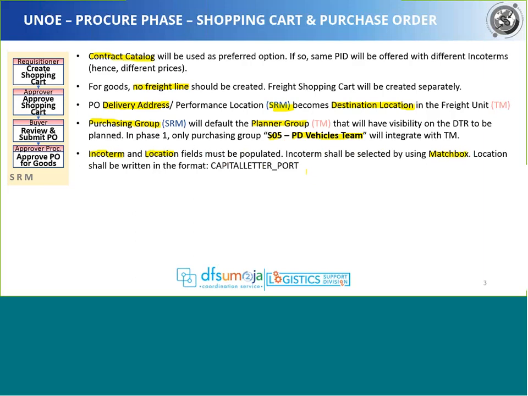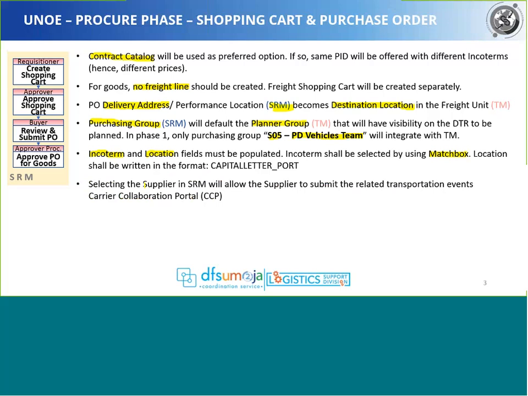So the location together with the Incoterm, you will be able to select from a matchbox, from an available list of options, because that Incoterm will have an impact in the route in TM. It will become the handover location for the transportation, okay, at which location UN becomes responsible for the items.